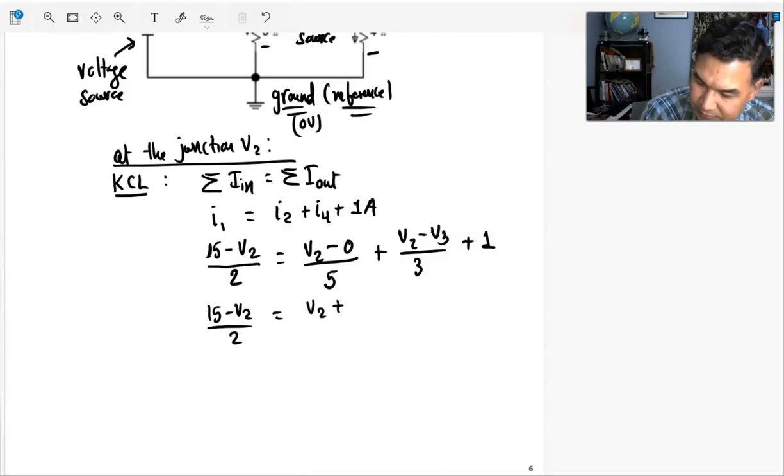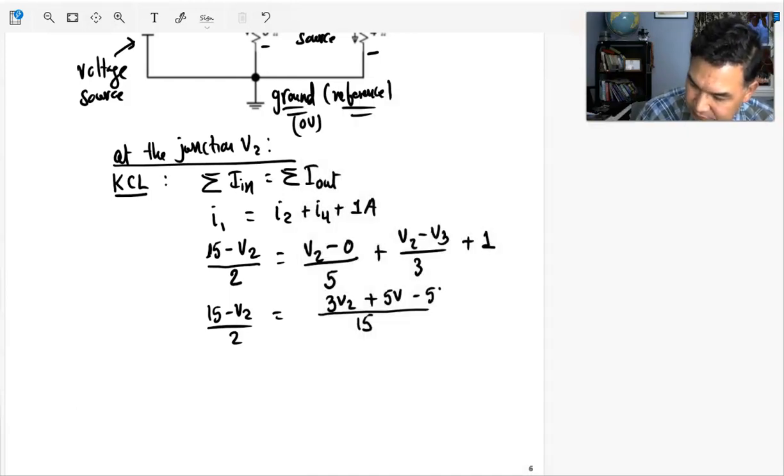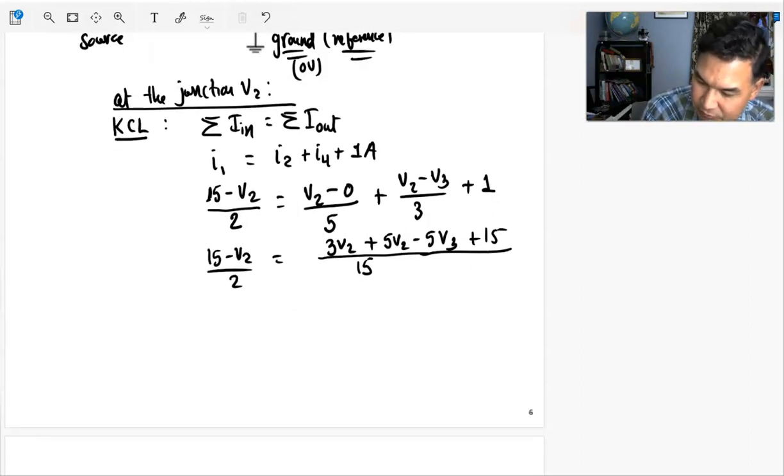V2 plus V2 minus V3, 15, right? 15, 3 V2 plus 5 V3 minus 5 V2, 5 V3, right? Plus 15. So you just solve whatever way you want.